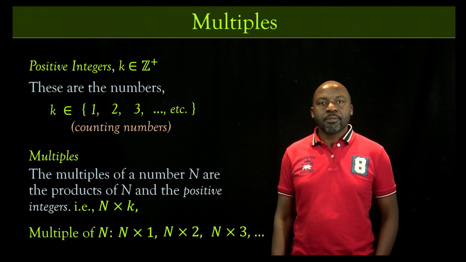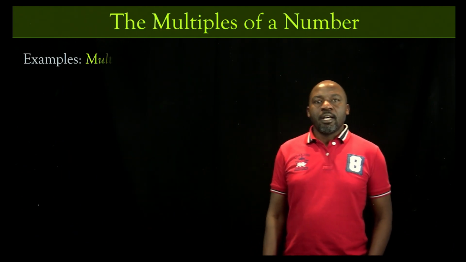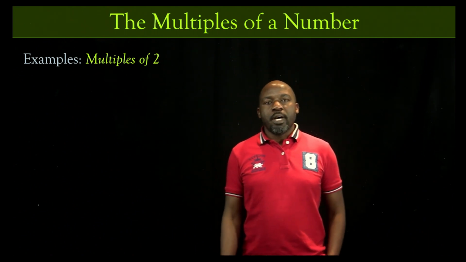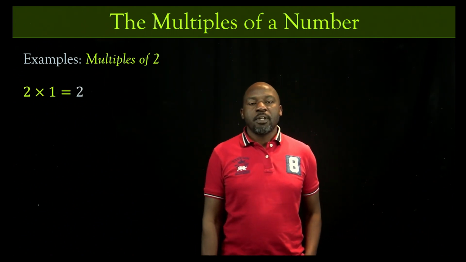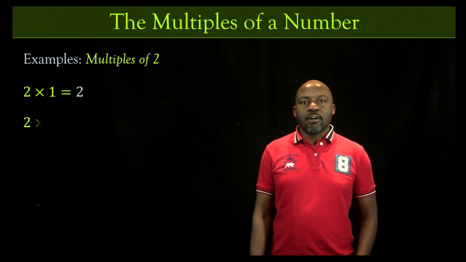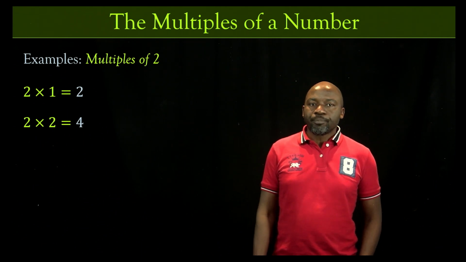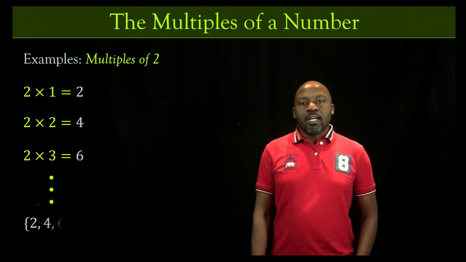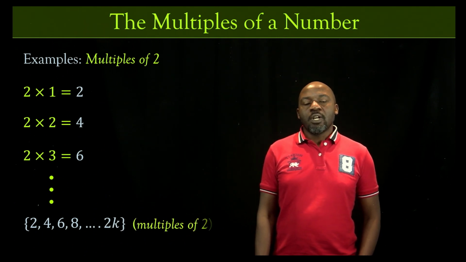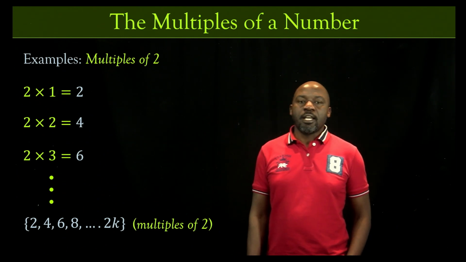Here are some examples. What are the multiples of, say, a number like 2? Well, the multiples of 2 are 2 times 1, 2 times 2, 2 times 3, and so on, right? So 2 times 2 is 4, 2 times 3 is 6. And we can go on as far as we want. So in short, the multiples of 2 are 2, 4, 6, and so on.